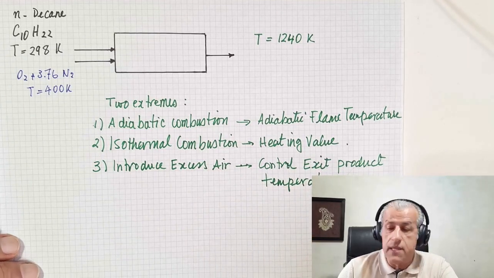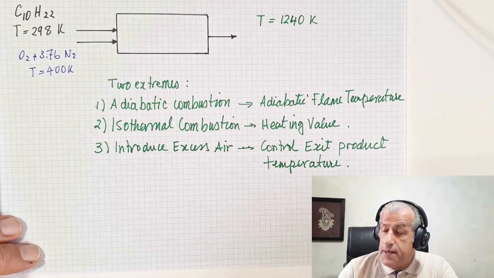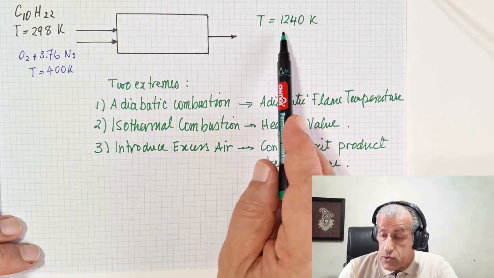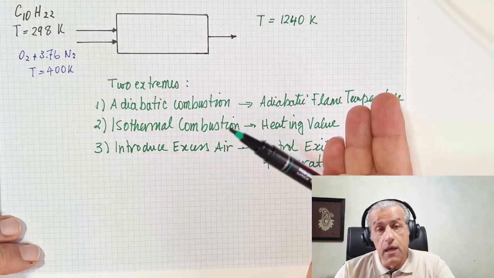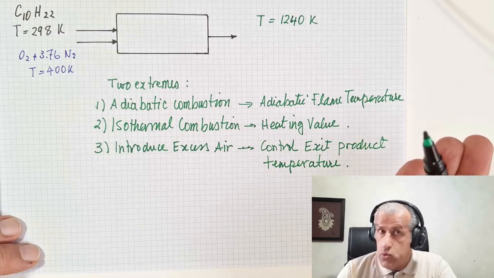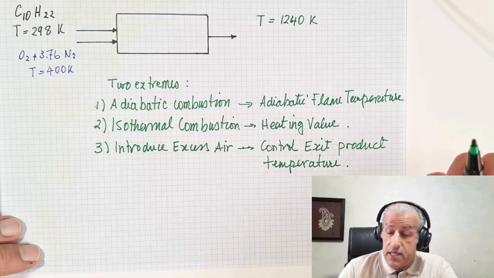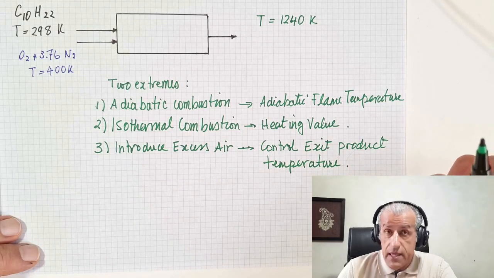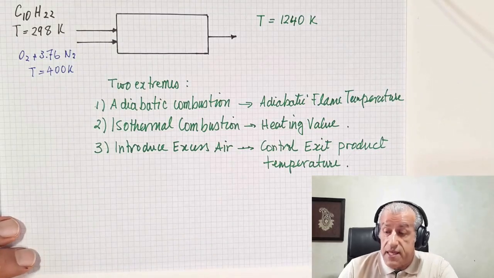What good does it have? The good it has is that you could control this temperature. Therefore, whatever instrument comes after this combustion chamber can endure the combustion temperature that is produced. And this problem exactly comes into the category of this third group.